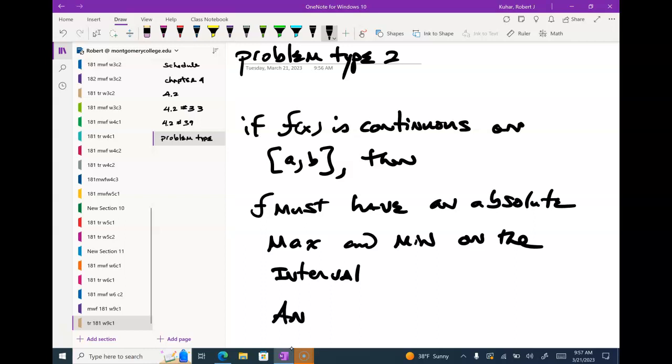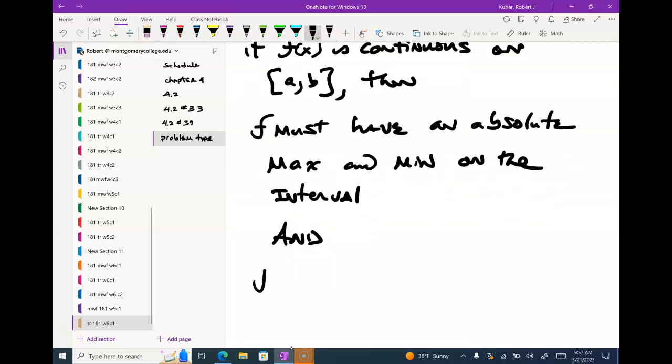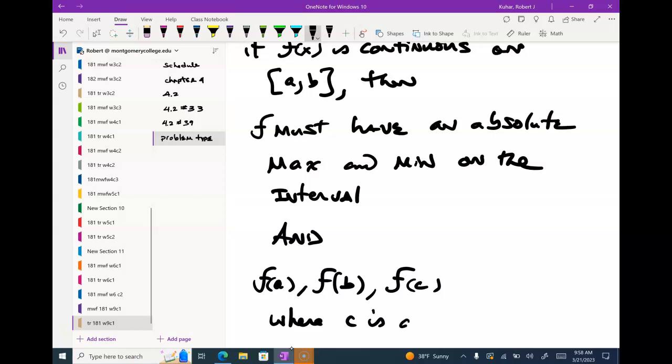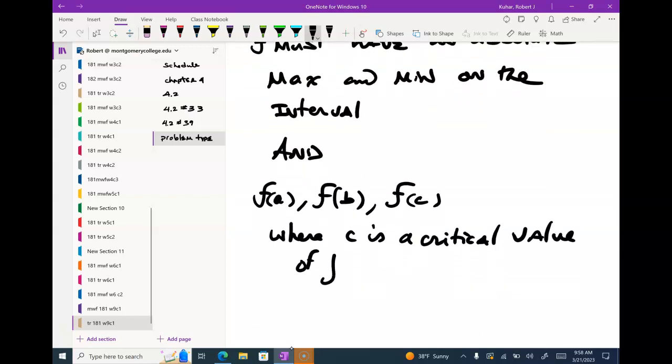And f of a, f of b, f of c, where c is a critical value of f prime, are the only candidates.